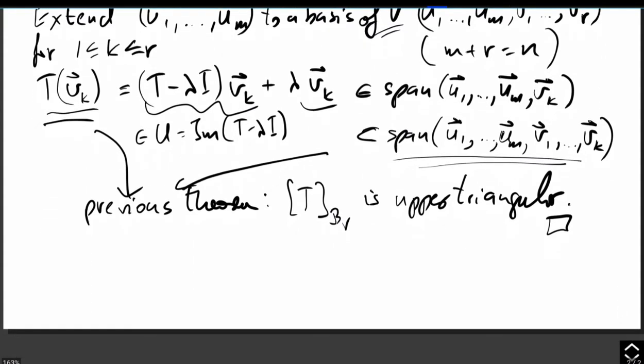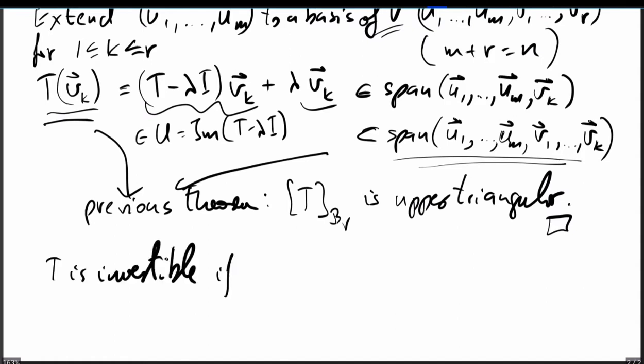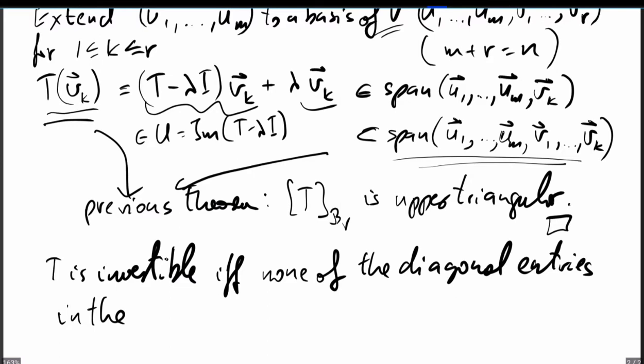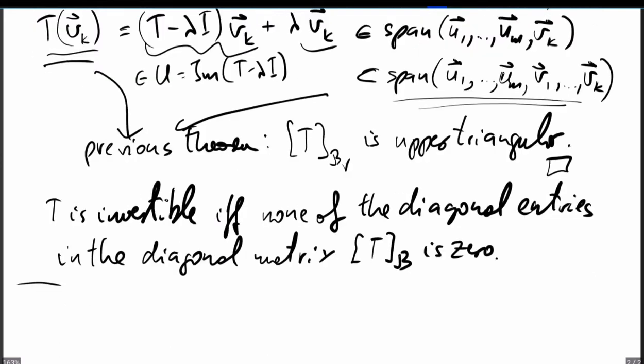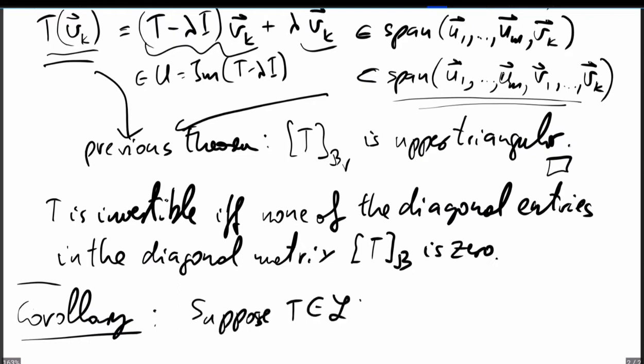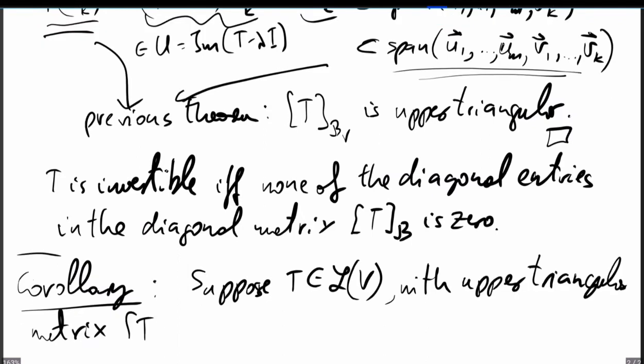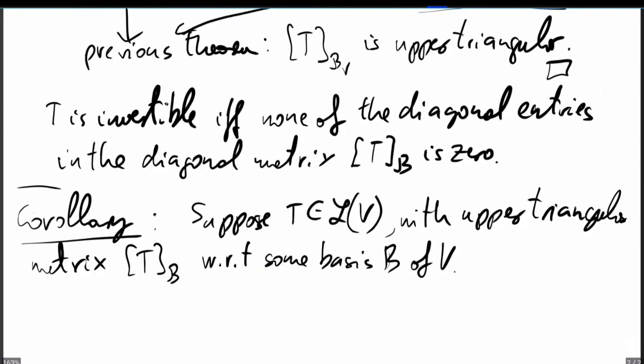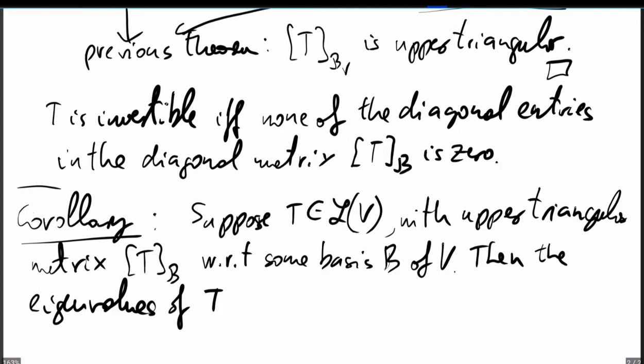As I mentioned at the beginning of the section, T is invertible if and only if none of the diagonal entries in the diagonal of the matrix TB is 0. There is another corollary to this theorem. Suppose T is a linear operator on V with upper triangular matrix TB with respect to some basis B of V. Then the eigenvalues of T are precisely the entries on the diagonal of the matrix TB.